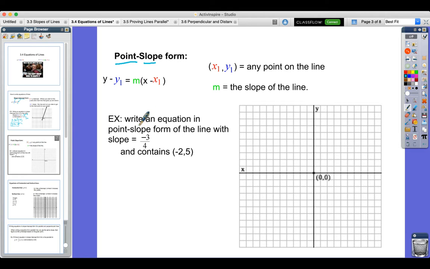So they want us to write an equation in point slope form of a line with slope -3/4 that contains point (-2, 5). All right. So this y and this x always stay as they are.